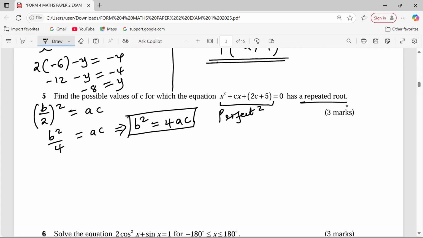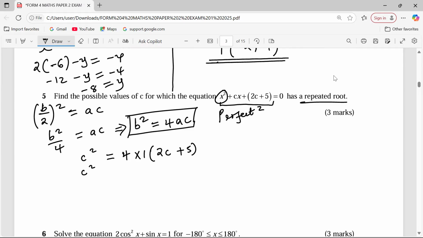According to the expression above, the value of b is C. So C squared equals 4 multiplied by A, and at A we have only 1, then times C. At C, we are having 2C plus 5.